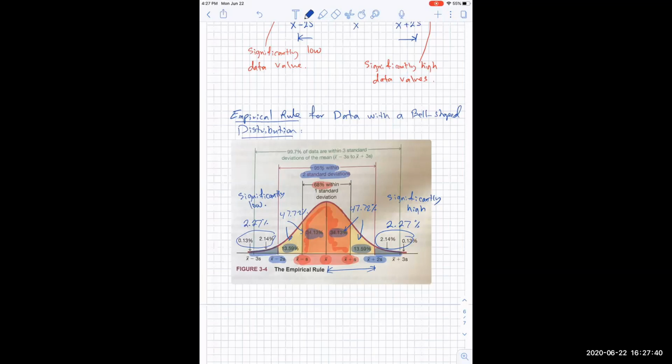If you add the significantly low with the significantly high, 2.27 plus 2.27, approximately 4.5% of your data values are either significantly low or significantly high. But a little bit more than 95% are not significant, are within 2 standard deviations from the center.